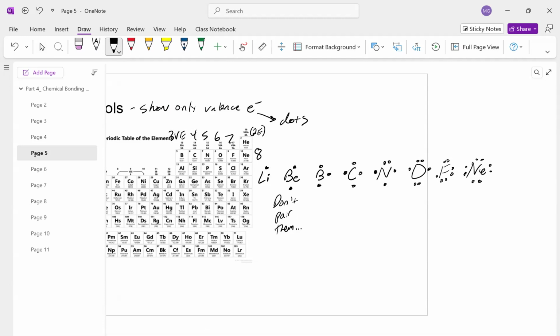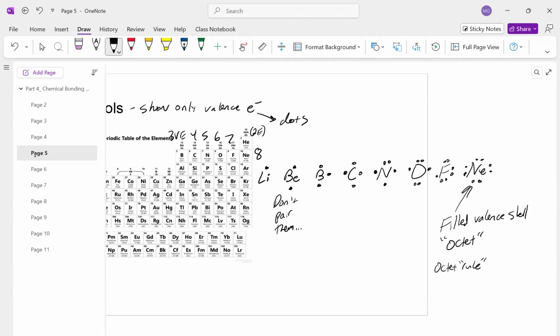And again, I just want to highlight neon has that filled valence shell, or what we call an octet. And this leads us to something we call the octet rule.